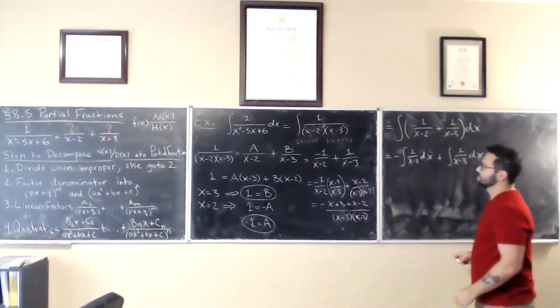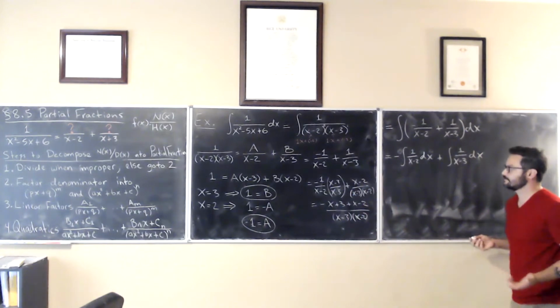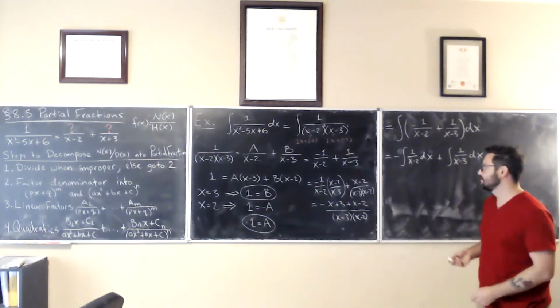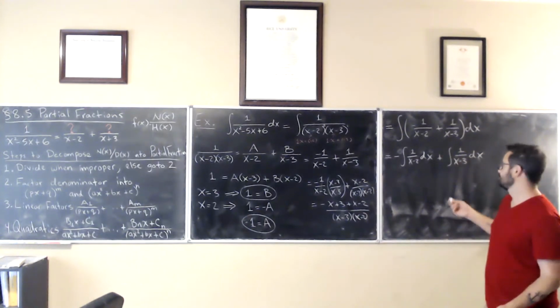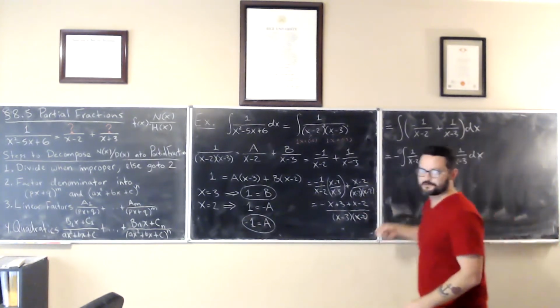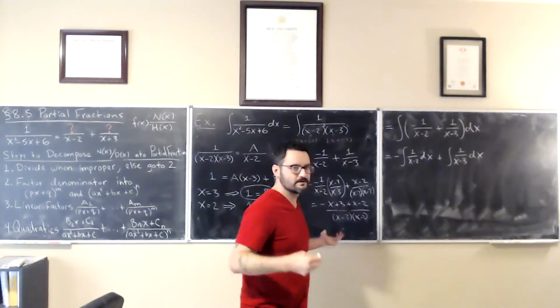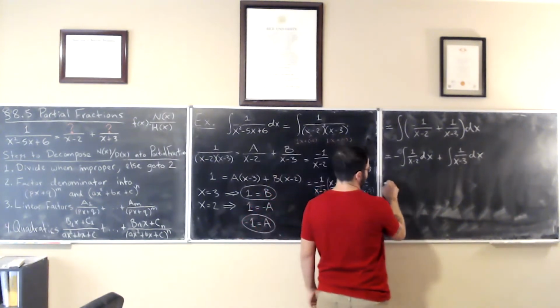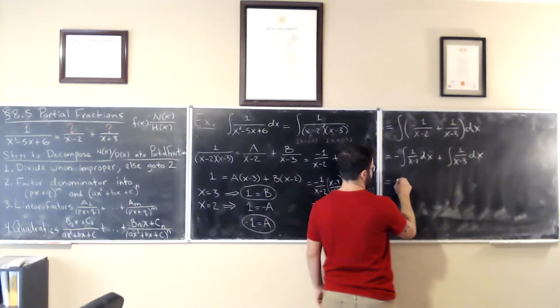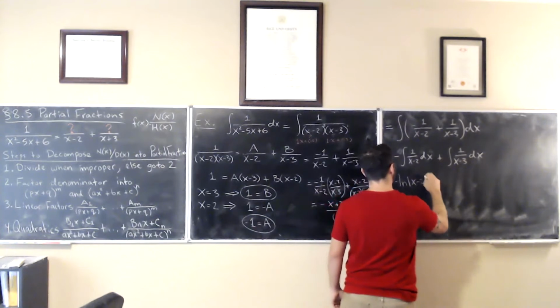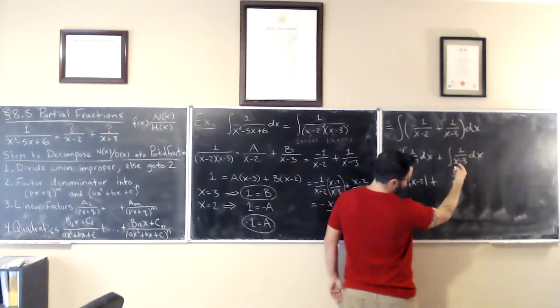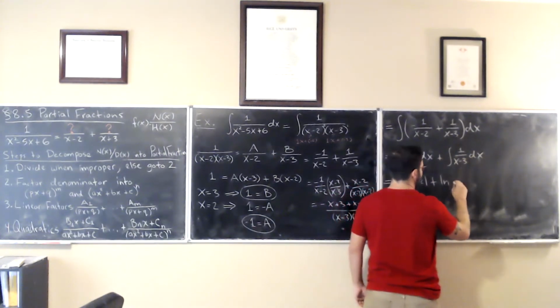And now we can just do u substitution, right? Let u be x minus 2, du is just 1 dx. So then this would be 1 over u, natural log of absolute value of u. We've done that type of integration quite a bit. This would be minus natural log absolute value of x minus 2, plus natural log absolute value of x minus 3.